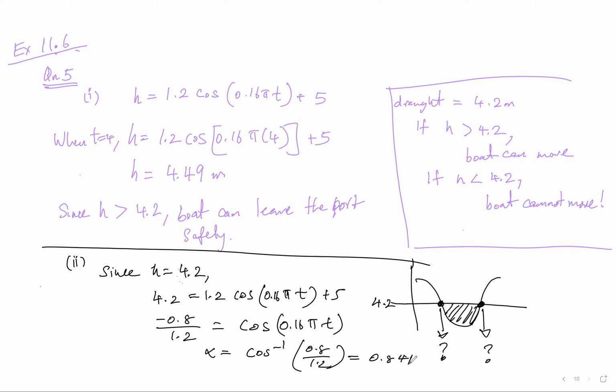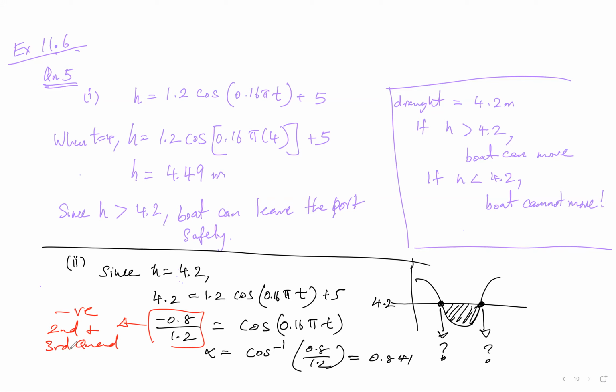Okay. So this one must be, because the cosine is negative, so it should be in second quadrant and third quadrant. Second and third.